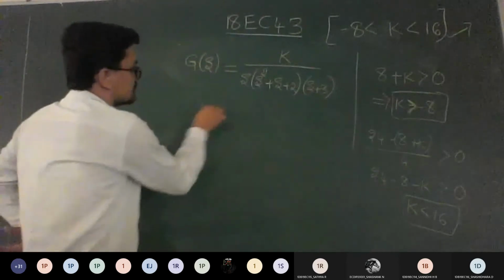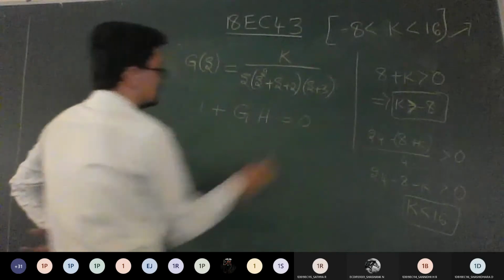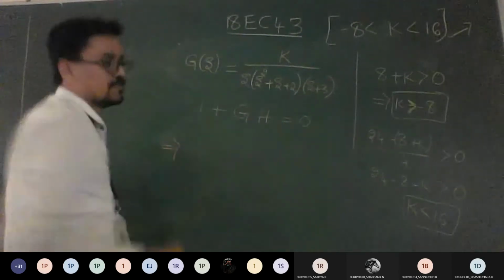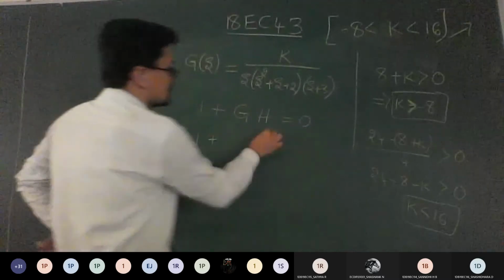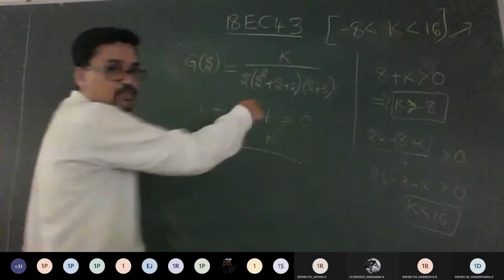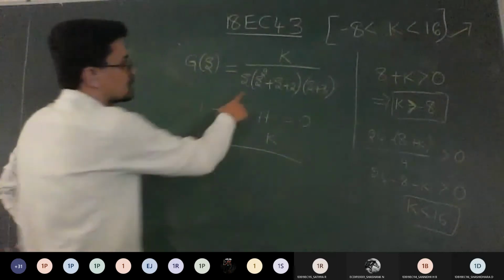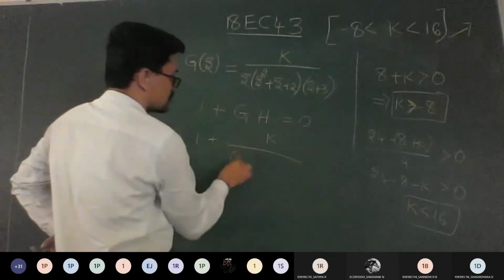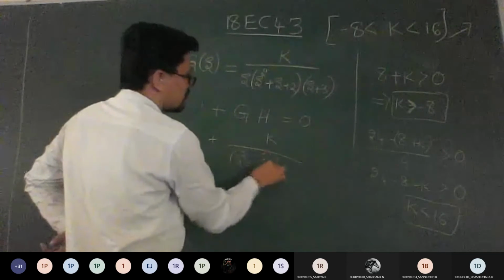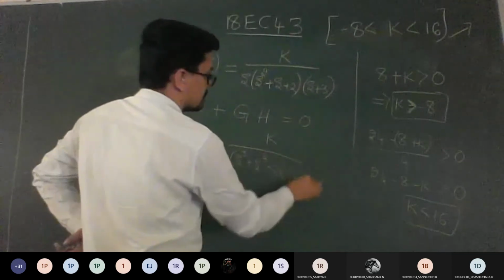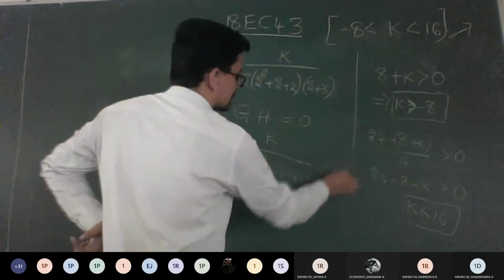Compare this with your characteristic equation and tell me what characteristic equation you are going to obtain. So substitute here: 1 plus, you have to do manipulations there. You just multiply the terms. So this is going to be s cube plus s square plus 2s, into s plus 3, and H is 1, so into 1 is equal to 0.